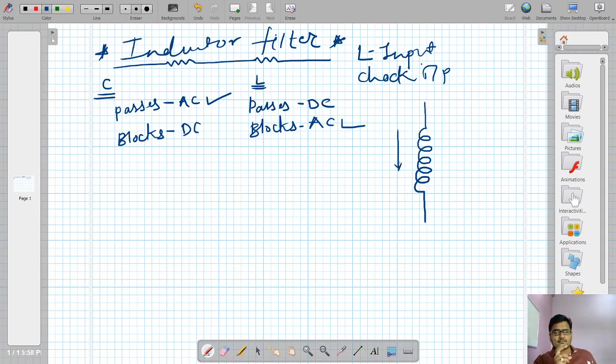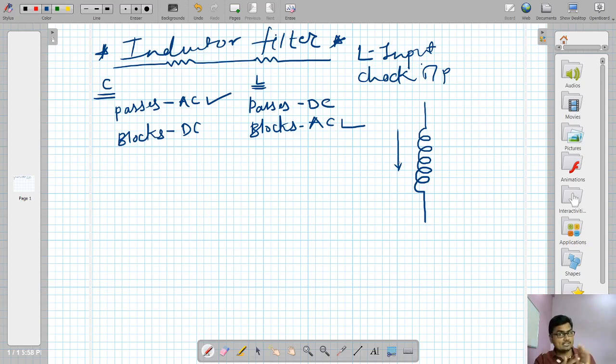Then a field associated with the inductor. See, I am using a particular word, that field is associated with the inductor. Otherwise, I can say like capacitor, that charge is stored into the capacitor. Some people say charge is also stored in the inductor. But charge or field is not stored in the inductor.